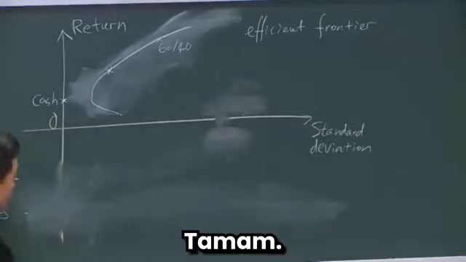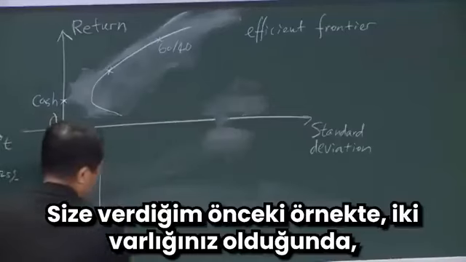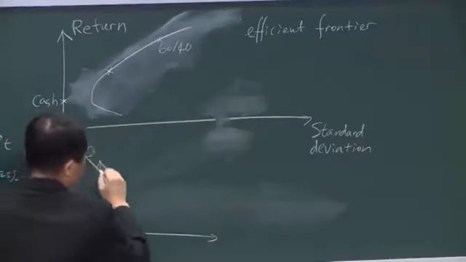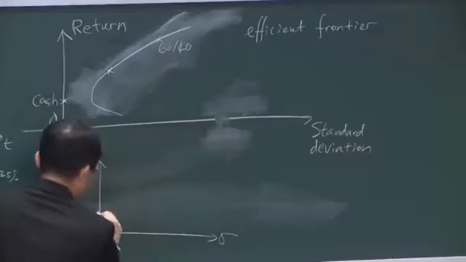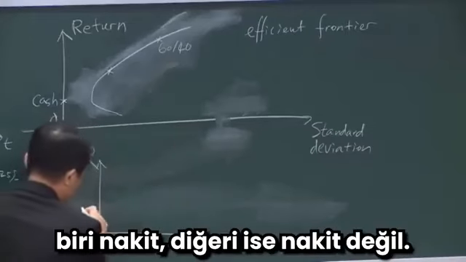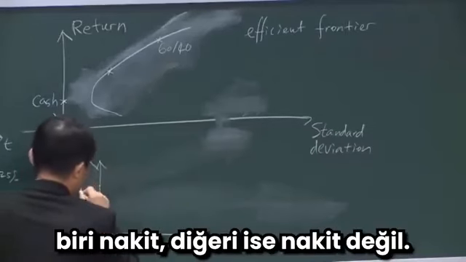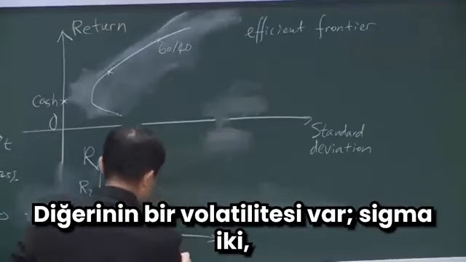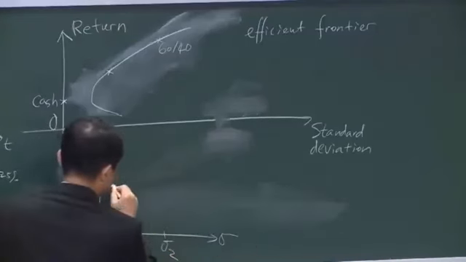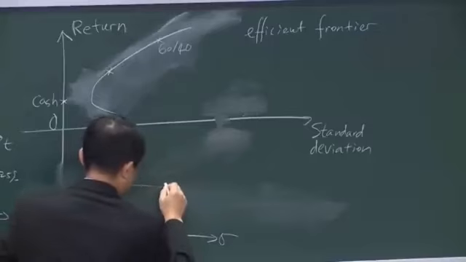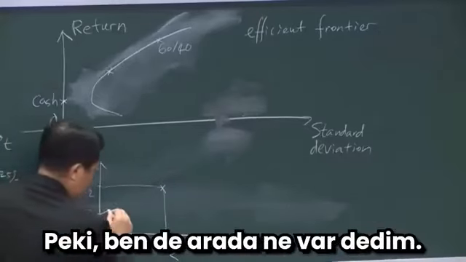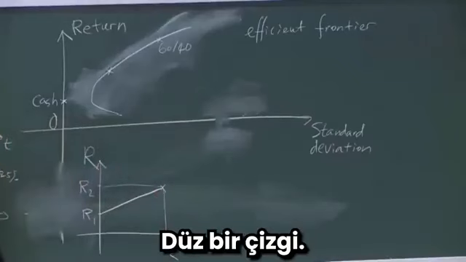Okay. So the previous example I gave you, when you have two assets, one is cash, all one. The other is not; the other has a volatility, sigma 2. You have this point, right? And I said, what's in between is a straight line.